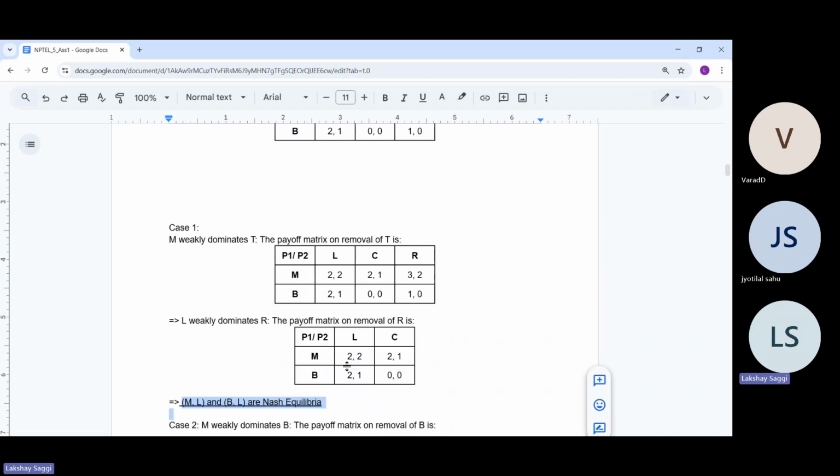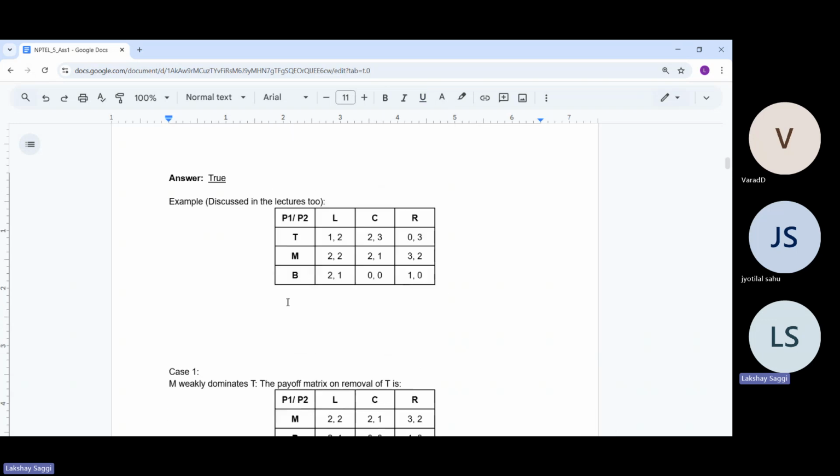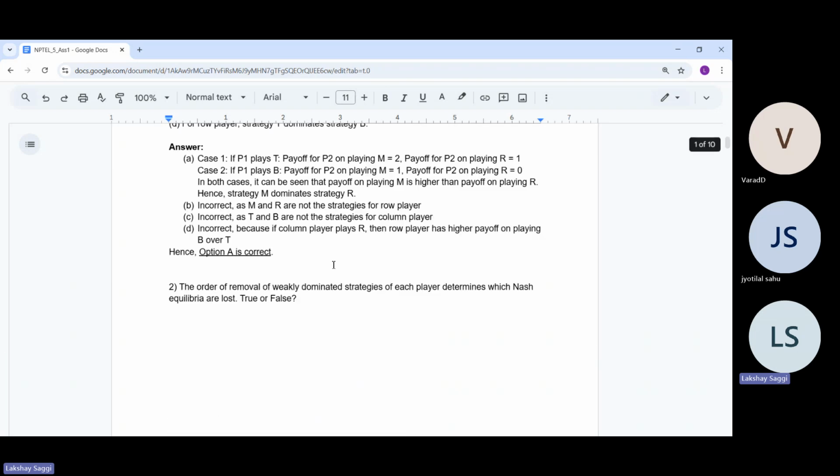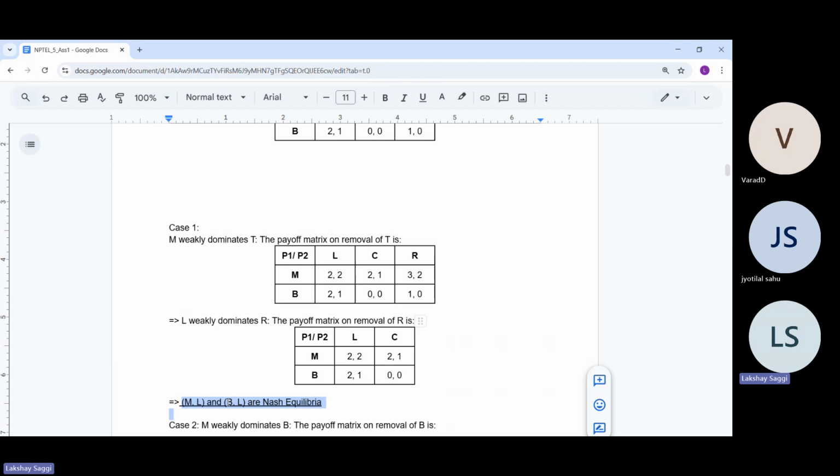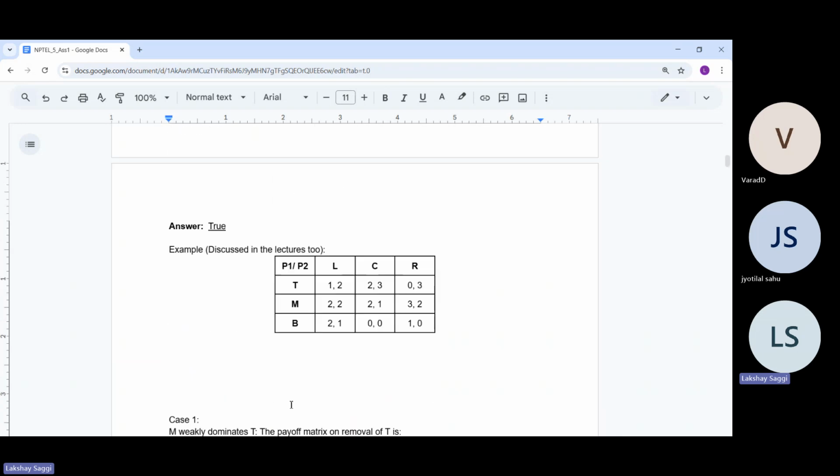So what we have arrived at is that ML and BL are Nash equilibria for this game. We arrived at this payoff matrix by removing some weakly dominated strategies from the initial matrix, so ML and BL are Nash equilibria for the original game also.